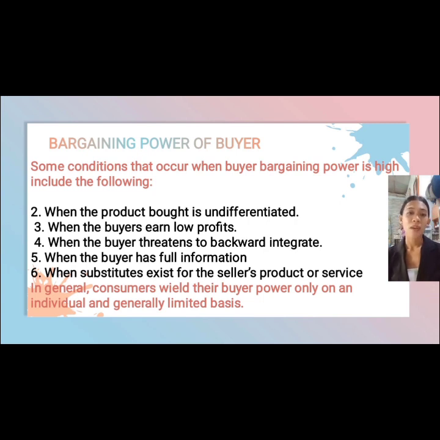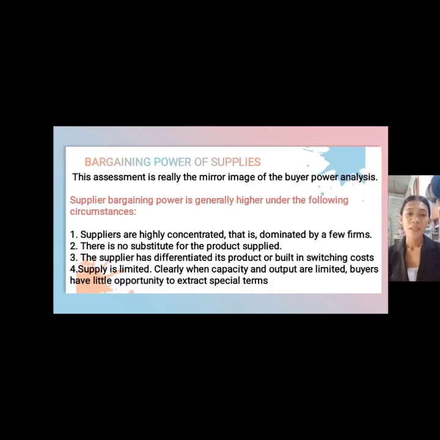A company with many small independent customers will have an easier time charging higher prices to increase profitability. Sa bargaining power of suppliers naman, it addresses how easily suppliers can drive up the cost of inputs. It is affected by the number of suppliers of its key inputs of goods and services.